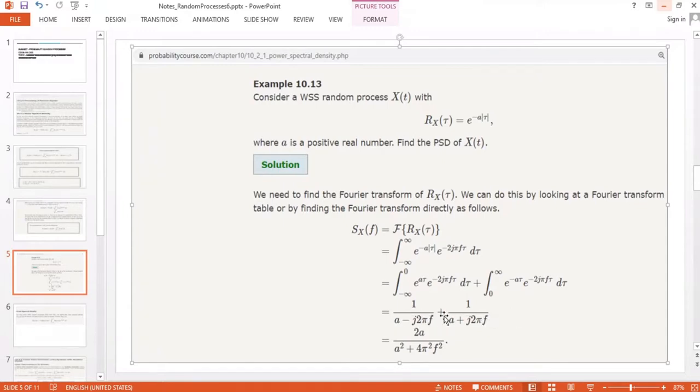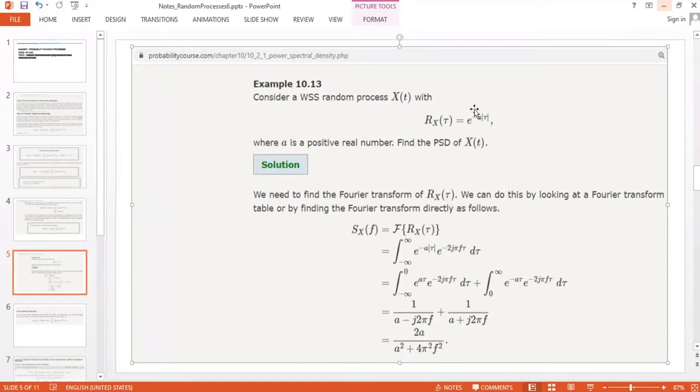And then by taking this LCM, you will get 2a upon a square plus 4 pi square f square. Or if you remember your result from your second semester, the Fourier transform of this function is this one. If you can remember this one, then you can also use it directly.